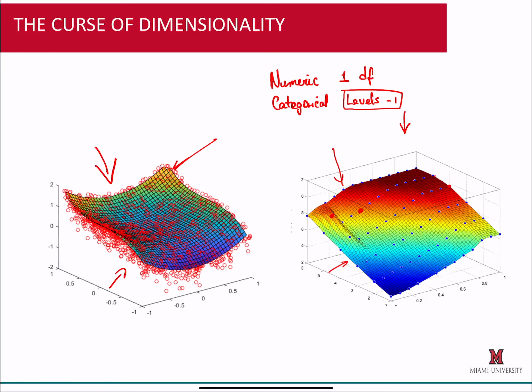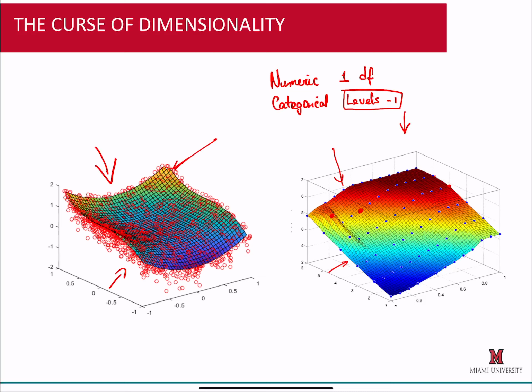That means that every one of these dummy variables created increases the axis by 1. It increases the dimensionality of the problem. So we need to have more points.